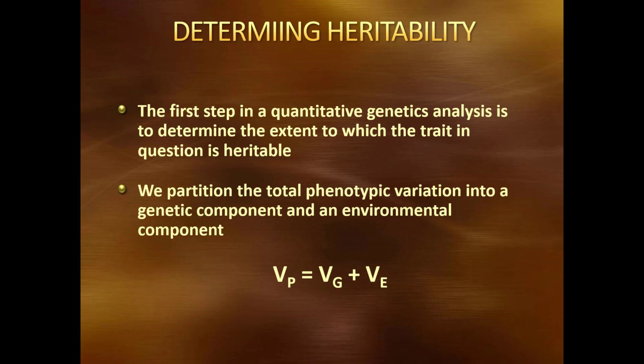Two of the major components we're going to see, you see in this equation here: your phenotypic variation is the sum of your genetic variation, so how much of the variation in phenotype was due to genetics, and then how much of the variation in phenotype was due to environmental effects. These two effects together add up to your phenotypic variation.